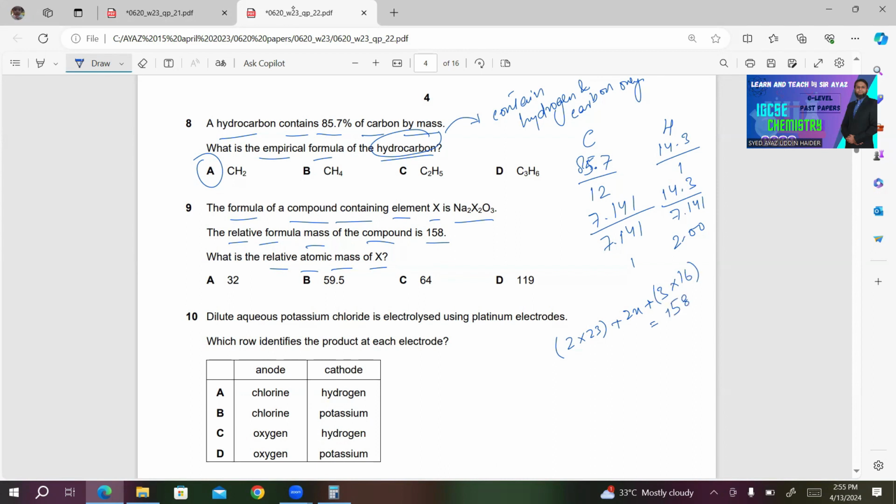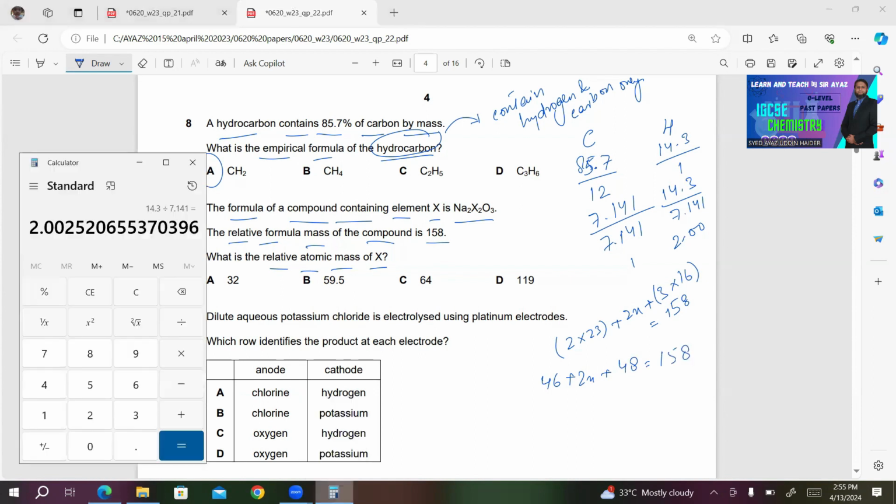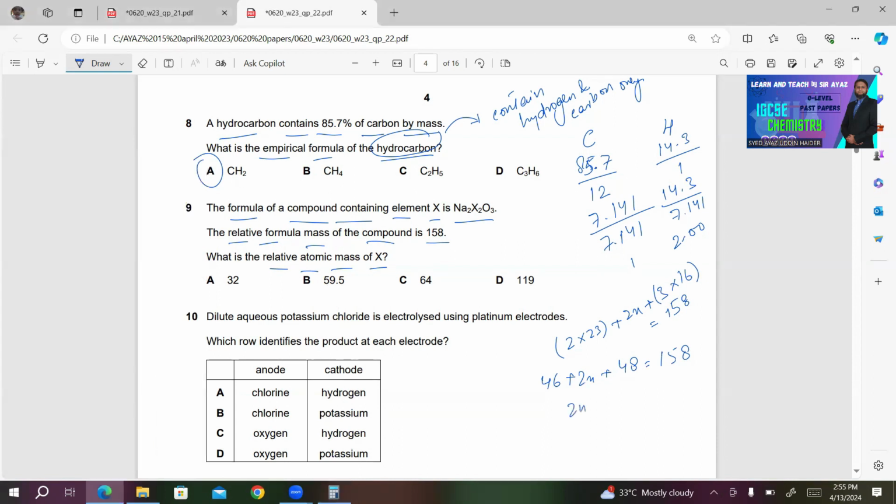So 2 multiplied by 23, we will get 46, plus 2x, plus 3 multiplied by 16, 48, is equal to 158. So 46 plus 48, 94. 2x plus 94 is equal to 158.